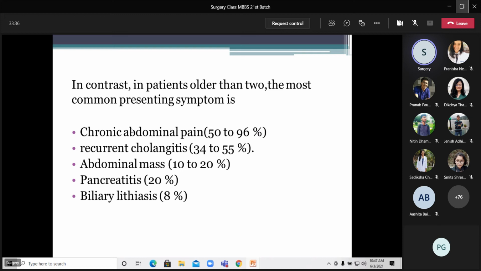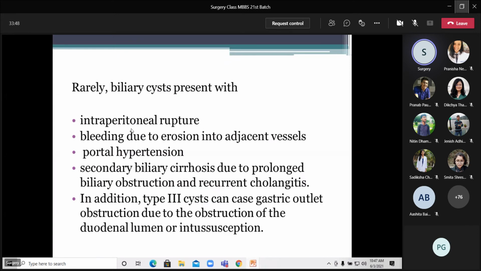Pancreatitis and common bile duct stones, obviously. When you operate on a choledochal cyst, most of the time we get stones in the common bile duct. Rarely they present with intraperitoneal rupture, bleeding due to erosion into adjacent vessels, portal hypertension, and secondary biliary cirrhosis due to prolonged biliary obstruction and recurrent cholangitis.